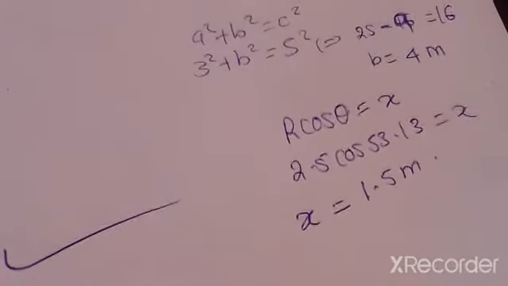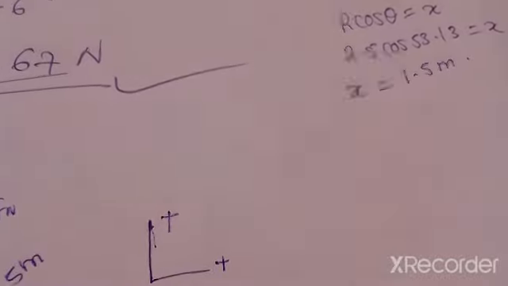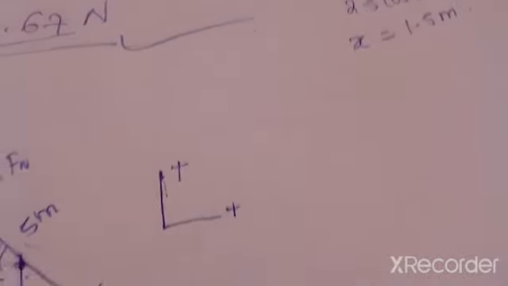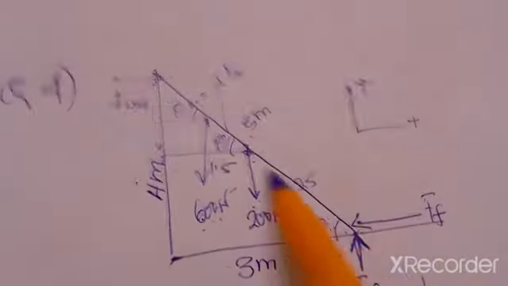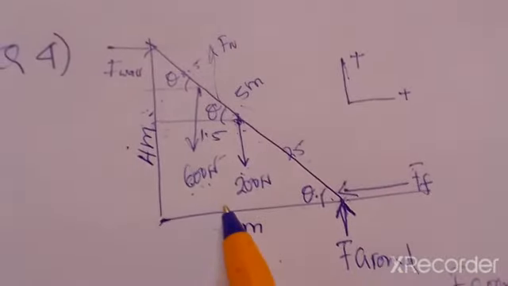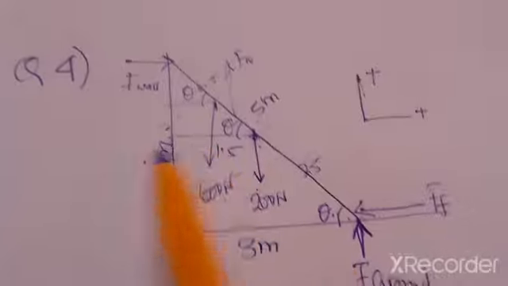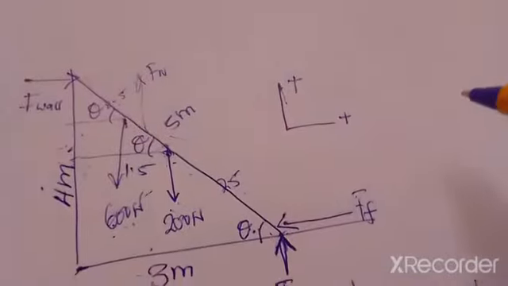So the distance here is 1.5. In fact, if you look at this 3 meters, this one has been cut by half and this one has been cut by half, so we're having a 3 meters distance. That's the perpendicular distance that we are going to be working with.